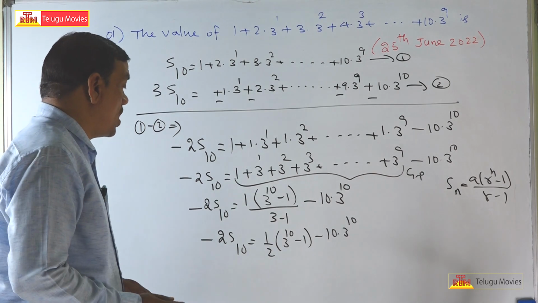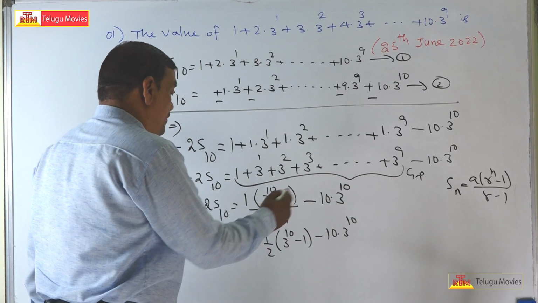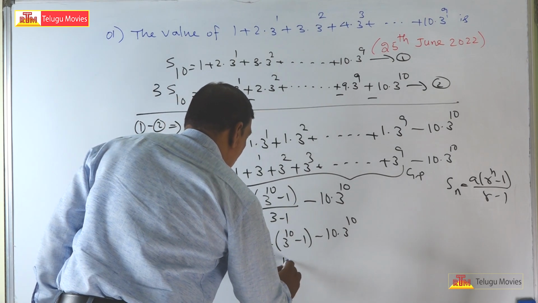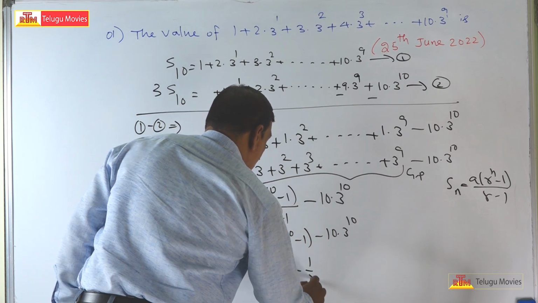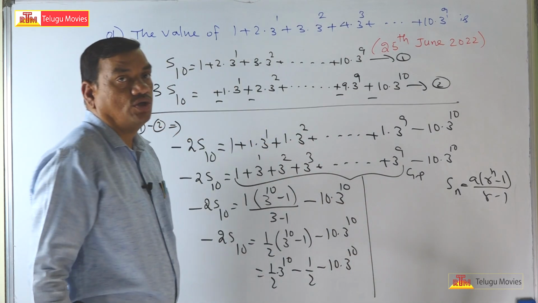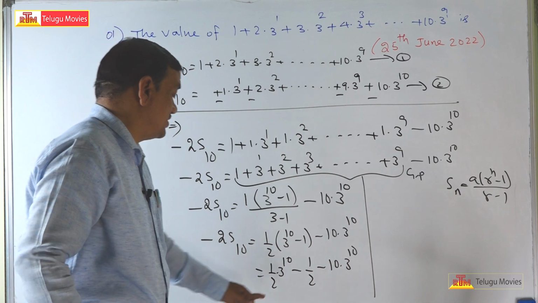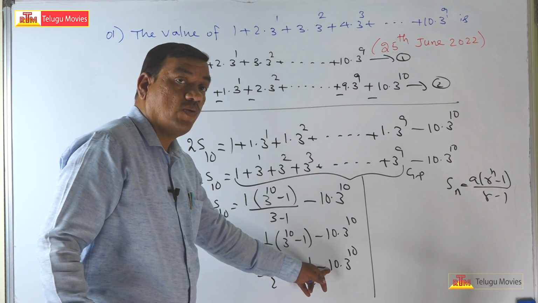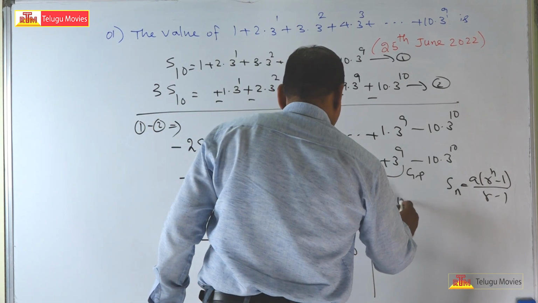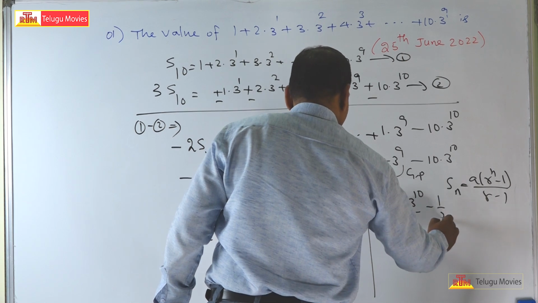Almost the problem is solved. You multiply with 1 by 2 inside. So this is equal to 3 power 10 by 2 minus 1 by 2 minus 10 into 3 power 10. The options are not readily available, so let us simplify this. 1 by 2 minus 10 gives minus 19 by 2, so this is equal to minus 19 into 3 power 10 by 2 minus 1 by 2.